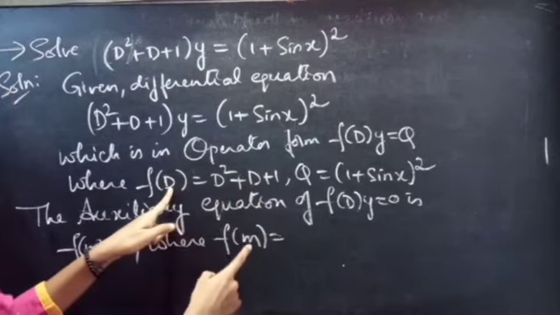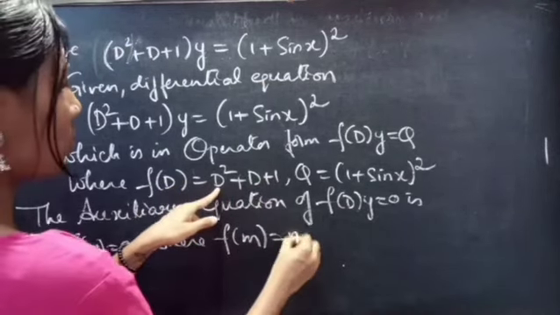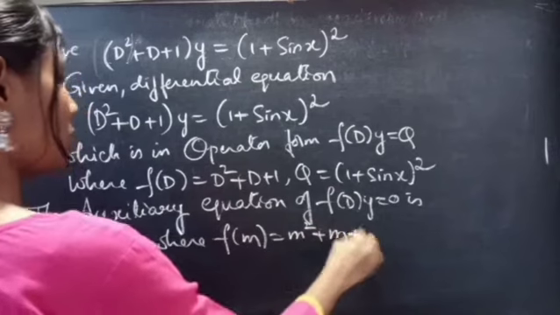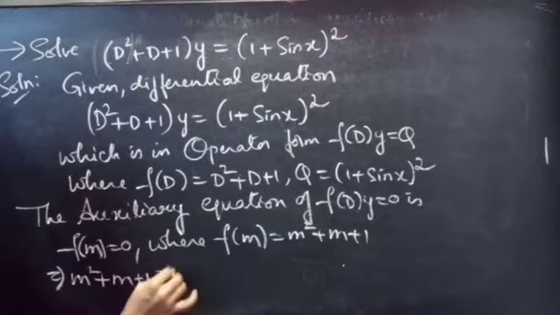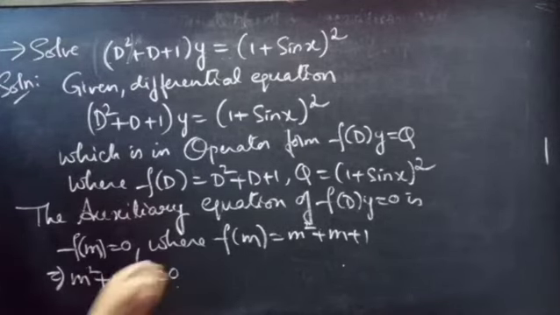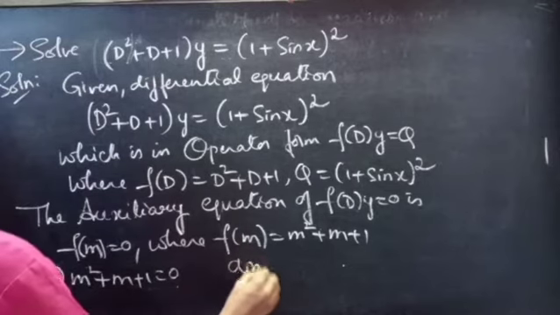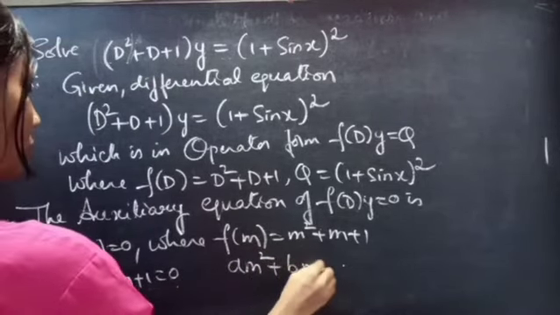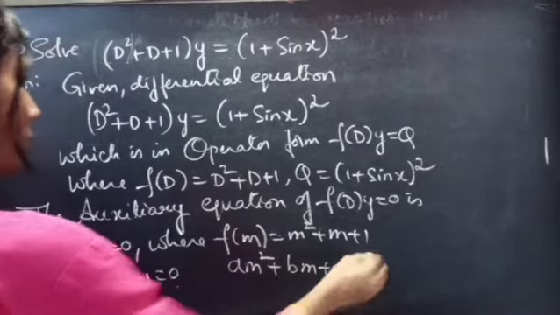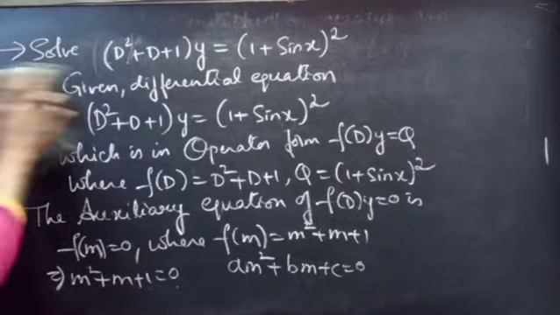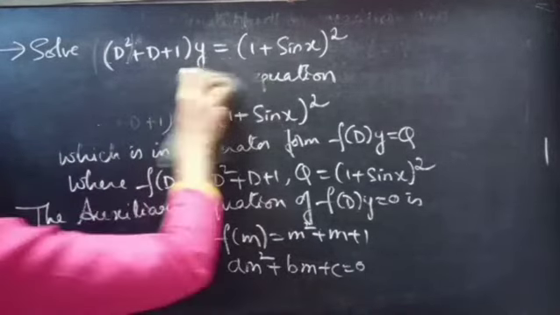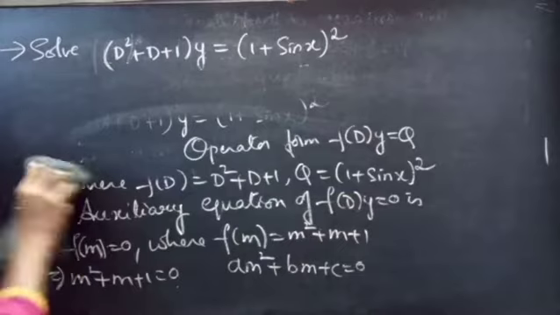Let's replace D by m, so that we'll get f(m) = m² + m + 1. Then the auxiliary equation becomes m² + m + 1 = 0. Now, by comparing this equation with the quadratic equation, we'll get the values of a, b, c, and then using the quadratic formula, we can find the required roots.